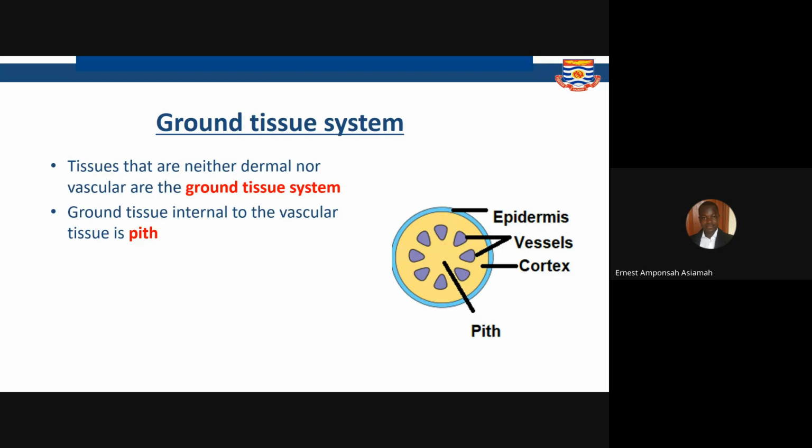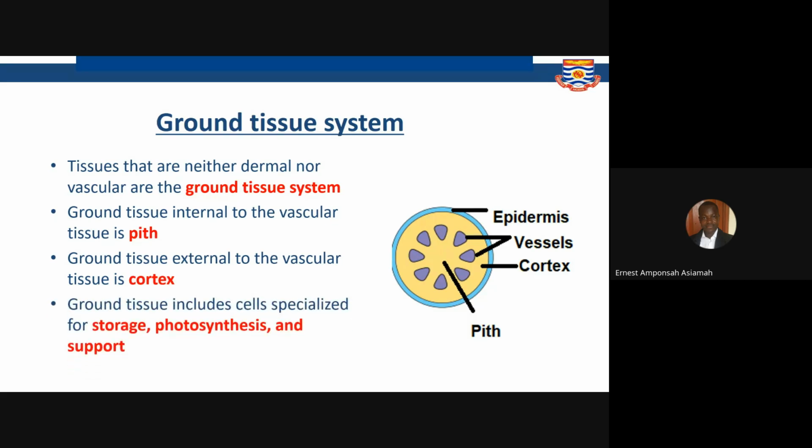The ground tissue that is internal to the vascular tissue, we call the pith. The ground tissue that is external to the vascular tissue, we call the cortex. So we have the pith and the cortex. The ground tissue may include various cells which are specialized for storage, photosynthesis, and also support.